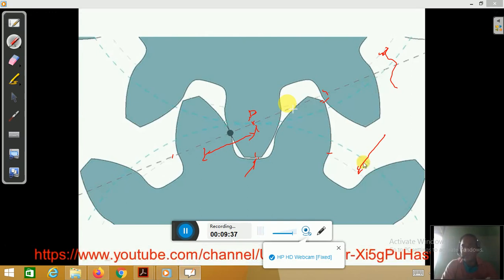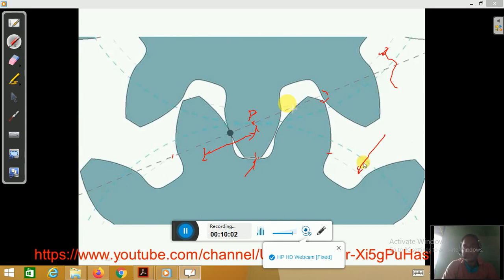This is a very good video example of transmitting power between the gears. Everything is now very well visualized. So the line of contact is always tangential to the base circle.